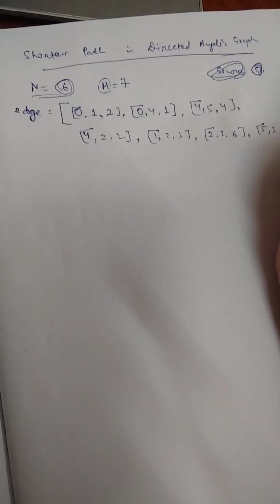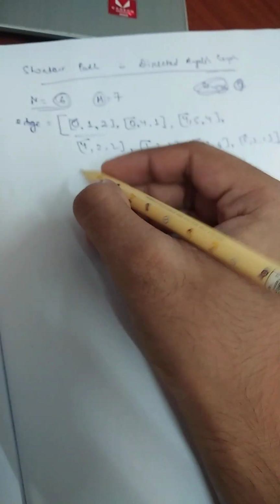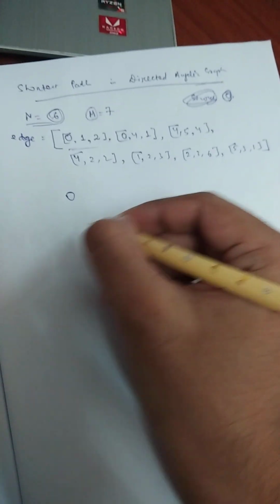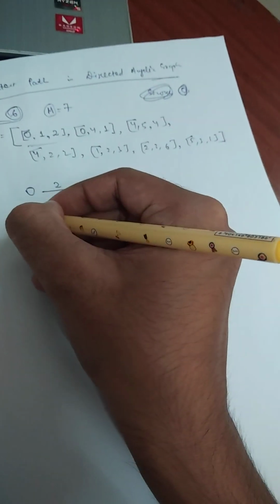Let's just try to draw the graph and analyze this. So supposingly I have this. So starting node is 0, and then the next node is 1, and the edge weight is 2. Then from 0 to 4 I have edge weight as 1. From 4 to 5 I have edge weight as 4.